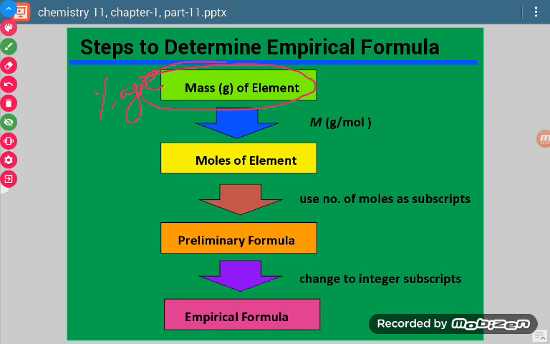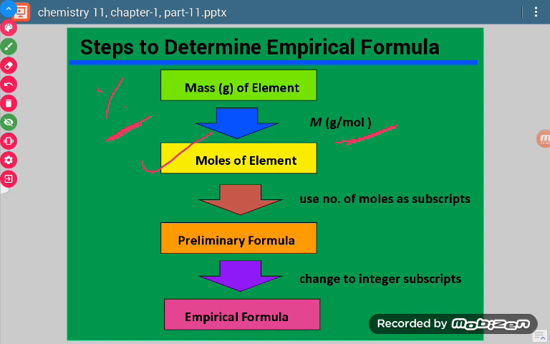What we have to do is, if mass is given, then we will divide by atomic or molecular mass and we will get the moles of each element. In case percentage is given, then percentage will be divided by atomic or molecular mass, whichever is the case. So then we will get the moles of that particular element.